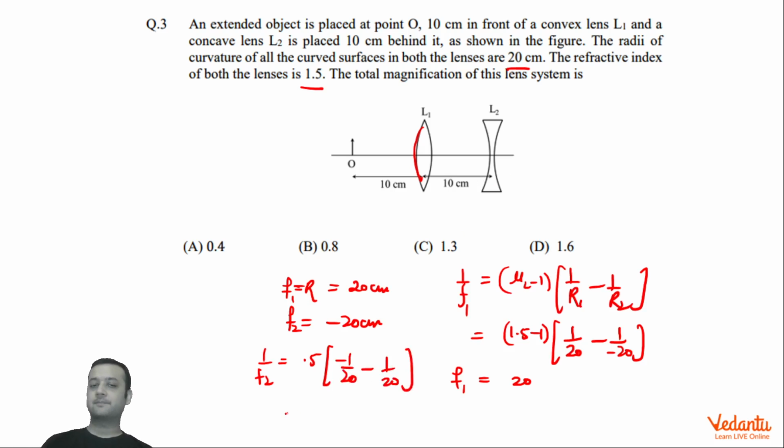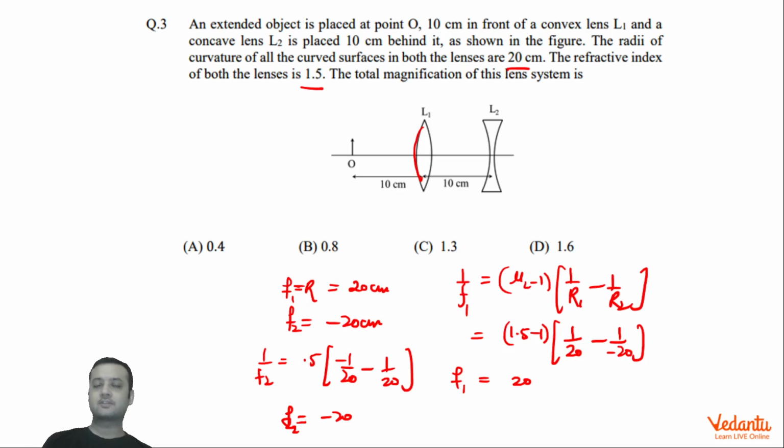So f2 will become -20. This was just to quickly show you that f1 and f2 become the same as R only in case the lenses are equiconvex or equiconcave, they are kept in air, and they are made of refractive index 1.5. These three conditions must hold, then f and R become the same magnitude wise.